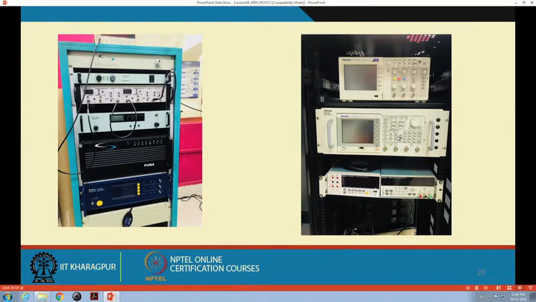This is a dual channel arbitrary waveform generator, so you can generate your own waveform and signals to drive any signal conditioning. We have a power source, and of course a multimeter and a digital counter. A lot of these encoders we also need to measure the frequency.